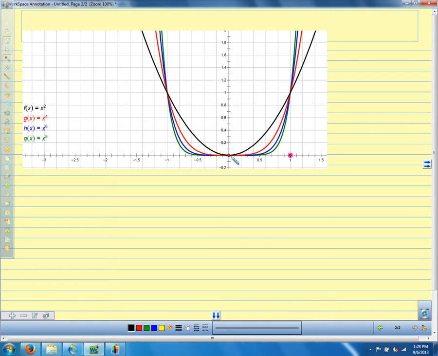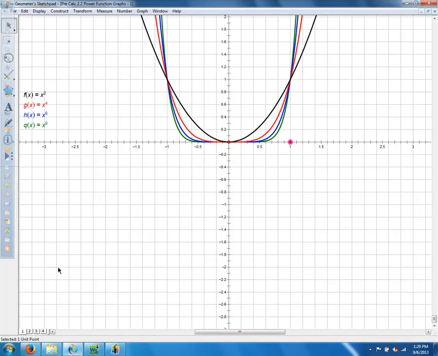They all go through the origin, and notice that the parabola is kind of the most curvy, and the others flatten out here along the x-axis, and then go up. So the graphs kind of flatten out. I just wanted to show you what these power functions are.